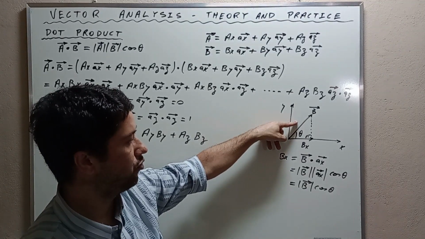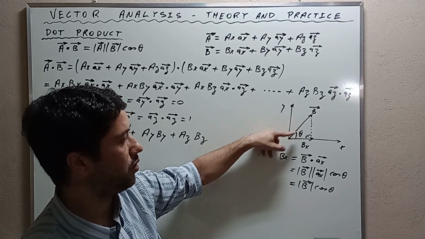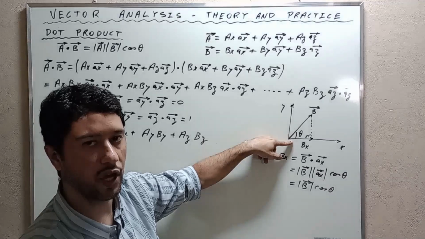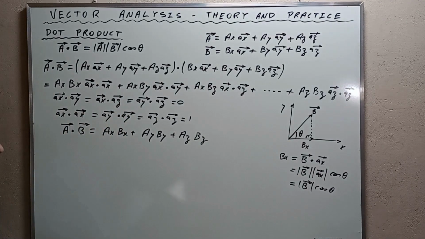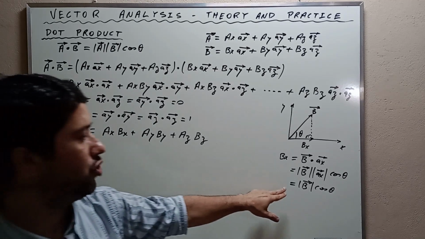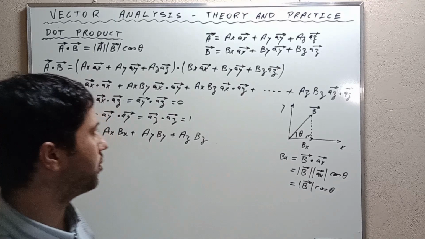Okay? So, this side here is the hypotenuse times the cosine of the angle. Alright? This is how you learned this in high school. And I'm just showing you in a different way using the dot product.